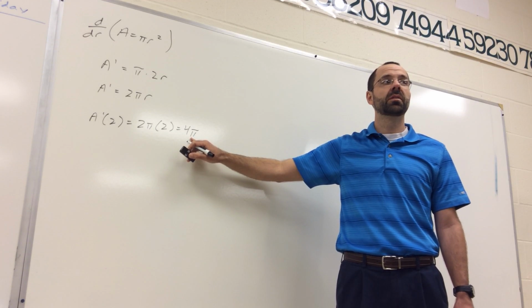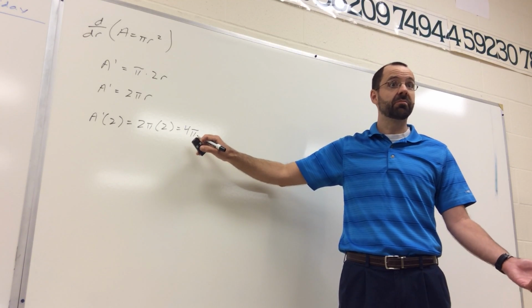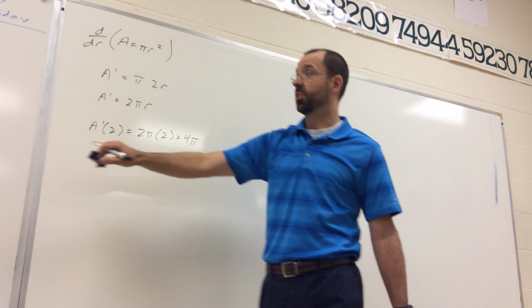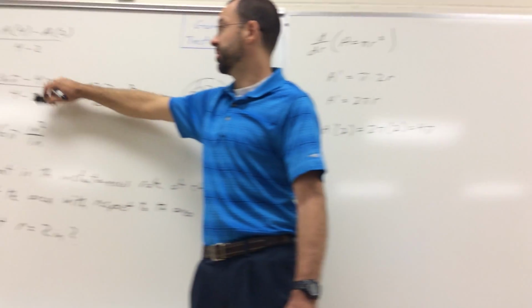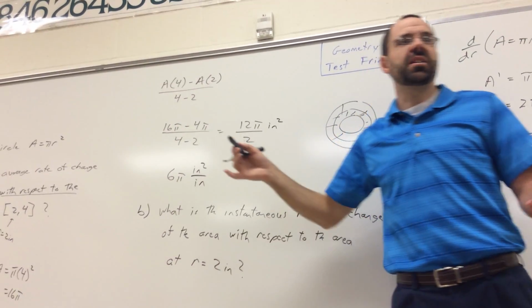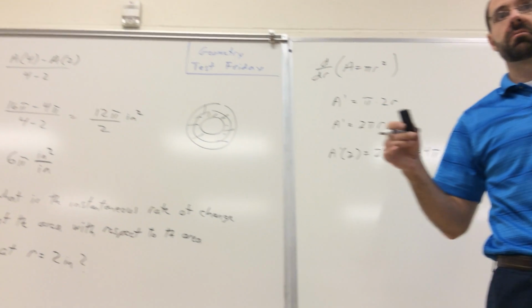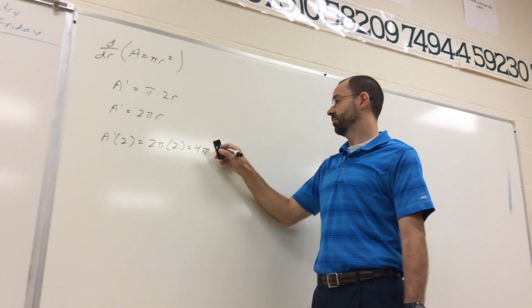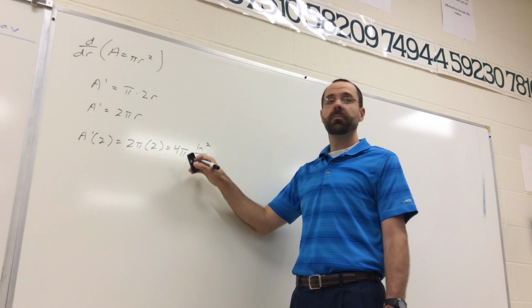Yes? It's square inches per inch, because the average rate was square inches per inch, and the instantaneous rate always has the same label as the average rate, so this is square inches per inch.